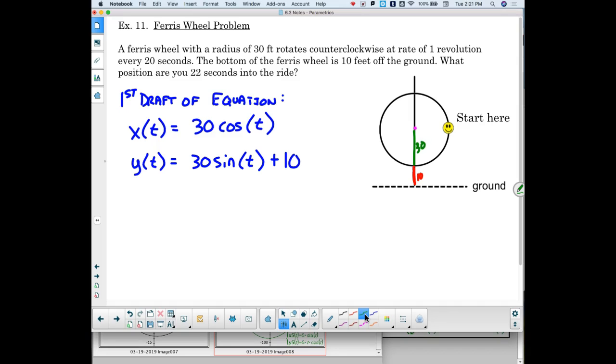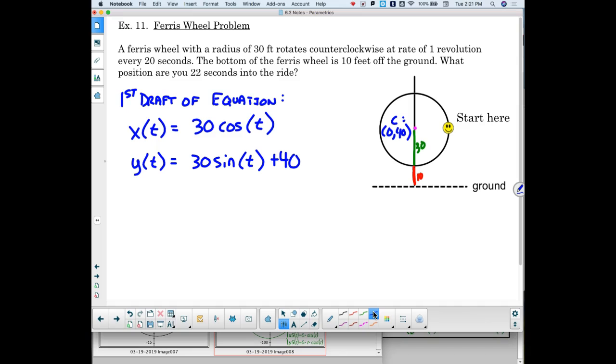What do I like instead? Plus 40. Now I like the plus 40. I like that a little bit more because my center is at (0, 40). Right? Like it so far.